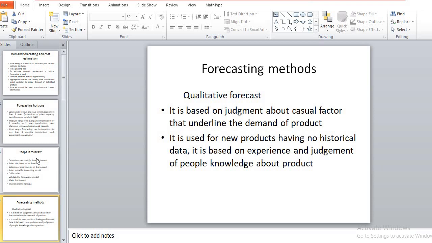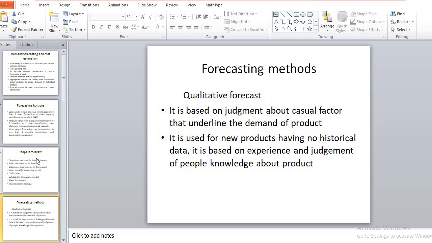As the names suggest, qualitative forecasting and quantitative forecasting indicate what points they focus on.